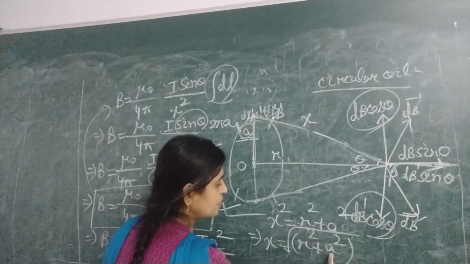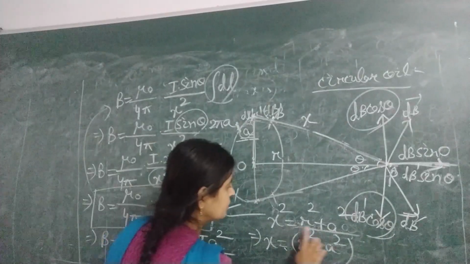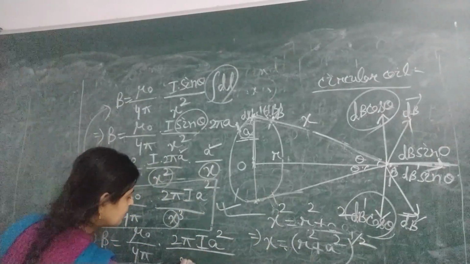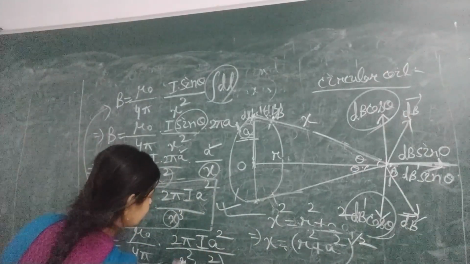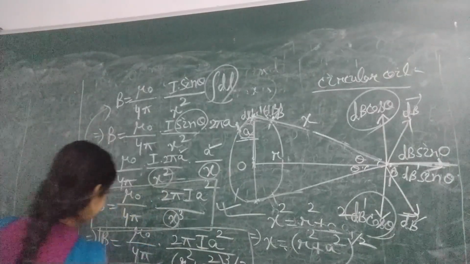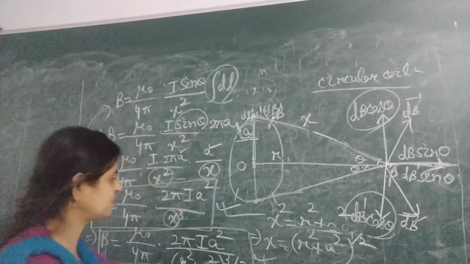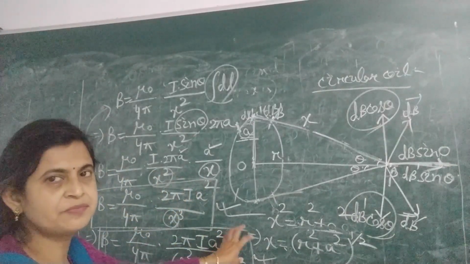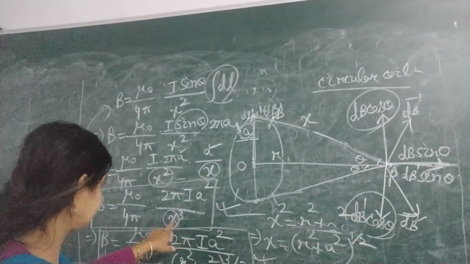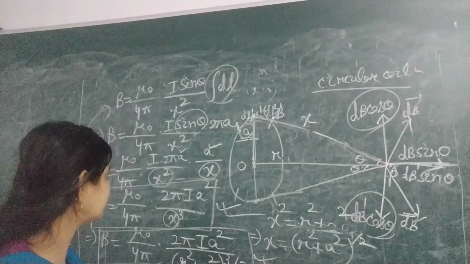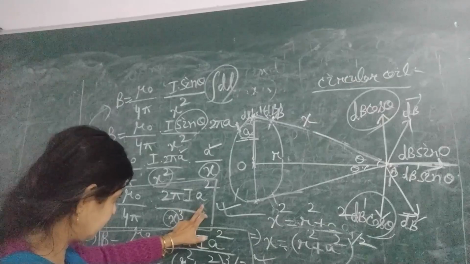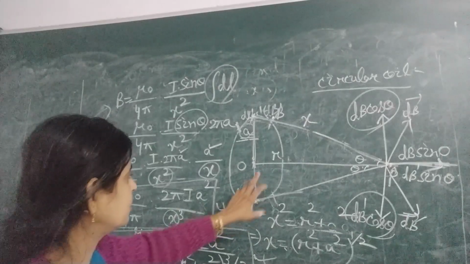X means r square plus a square under root, or power 1 by 2. So x cube is equal to r square plus a square power 3 by 2. Both the expressions are the same, the only difference is that here the answer is in terms of x and here in terms of r.